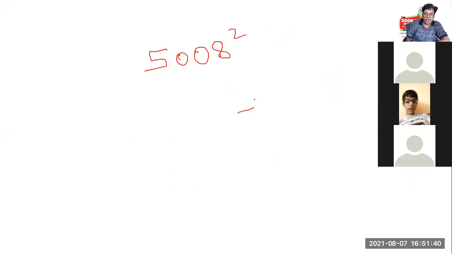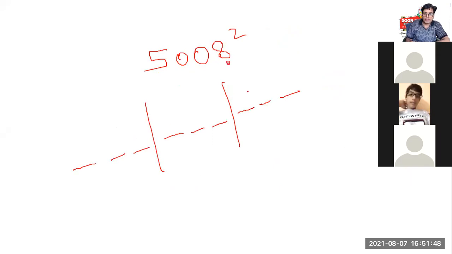1, 2, 3. 1, 2, 3. 1, 2, 3. 8 square will be what? 5 square will be here, 8 square will be here. In the middle, I will leave 0.